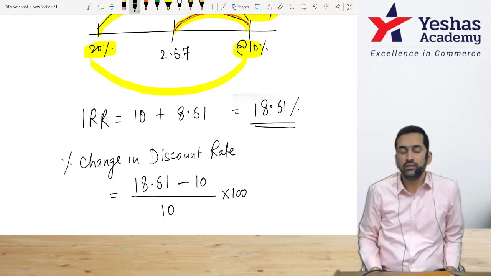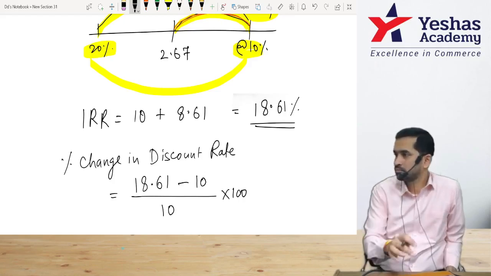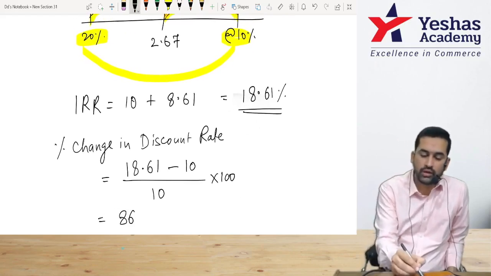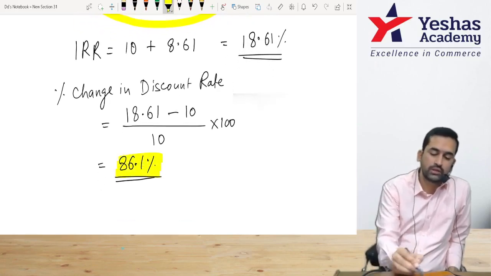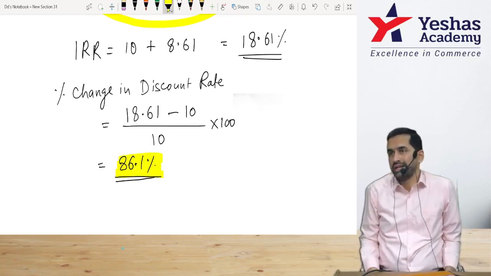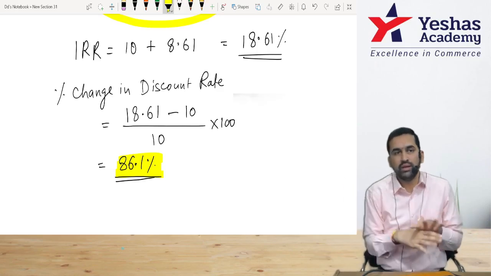By 10 into 100. This will be a very big number, I think. 86.1%. What is the meaning? If your discount rate goes up by 86%, then only your NPV will become 0.